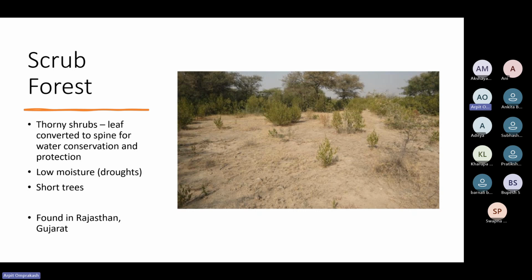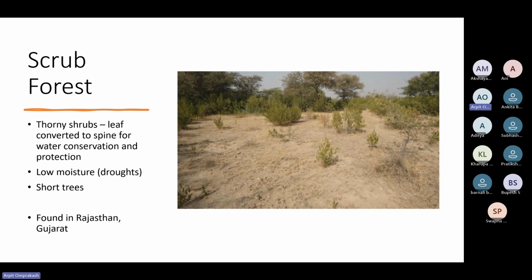Next, we have scrub forests. Scrub forests are basically found in drier areas, which are frequented by annual droughts or seasons of very dry weather. Due to this lack of water, it does not support a lot of large trees.